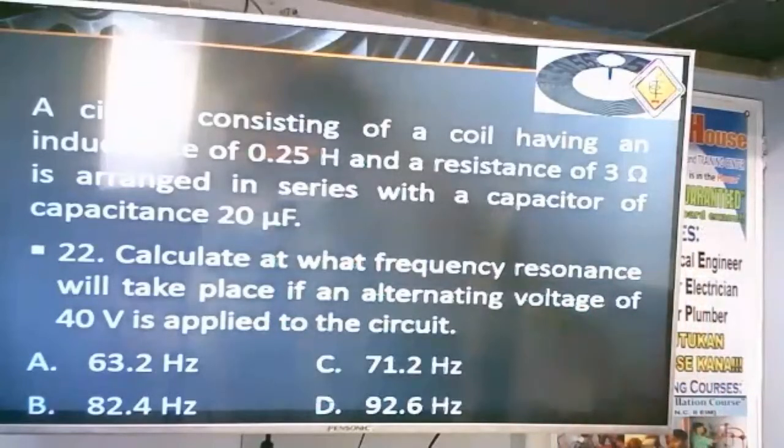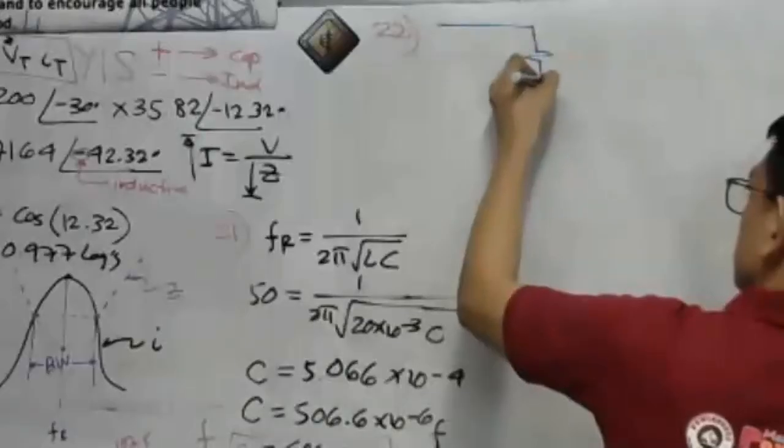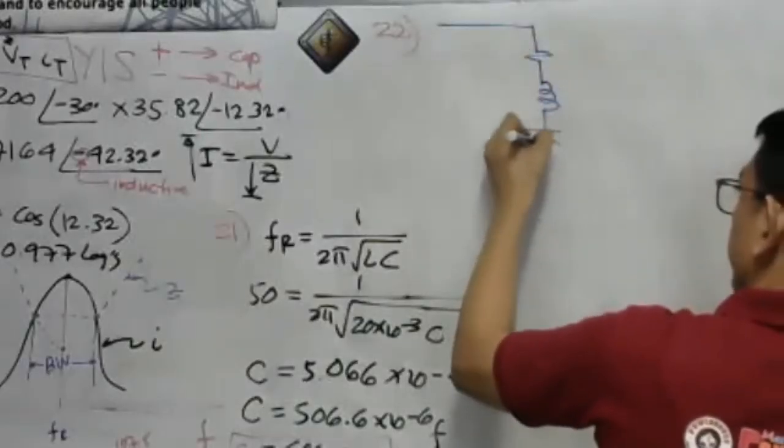So, for number 22, I think we have to draw our circuit here. A circuit consisting of a coil having an inductance. So we are given a resistance. So we have RLC.